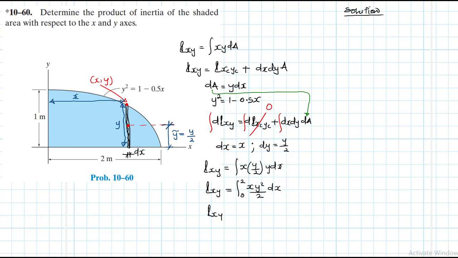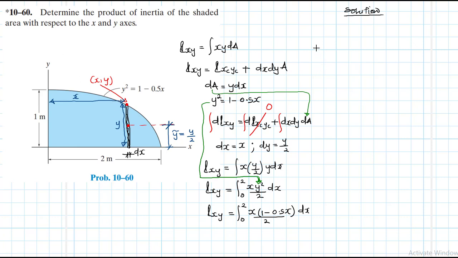Then I sub xy is going to be equal to integral from 0 to 2, and let's replace this value here, y squared is 1 minus 0.5x, divided by 2 dx.